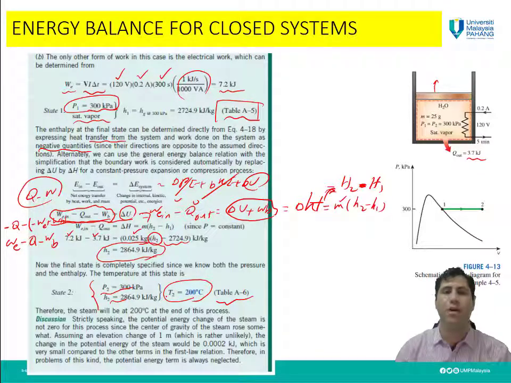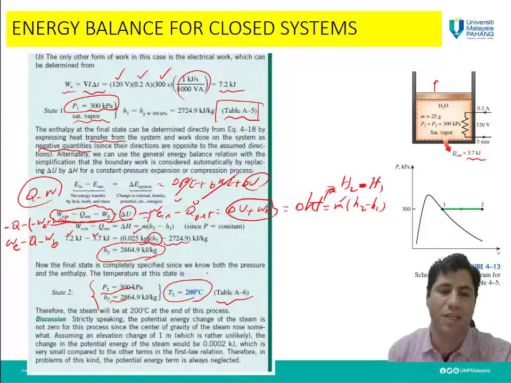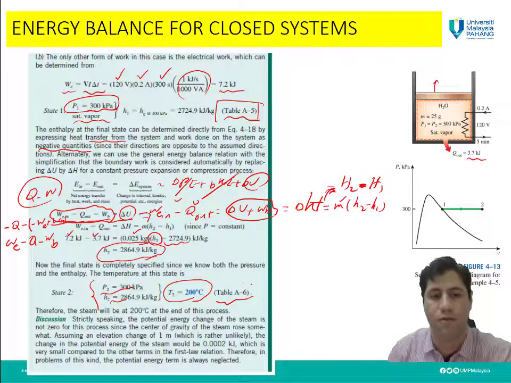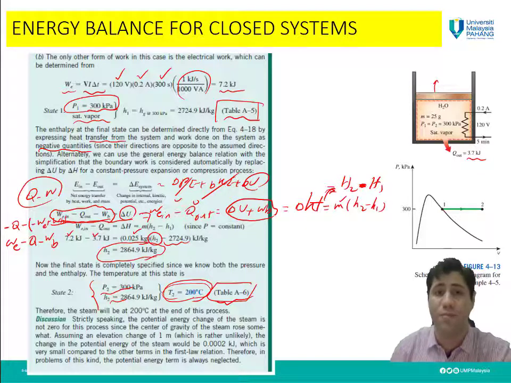Otherwise, we need to use interpolation to find this temperature, which we have already discussed in the previous chapter, how you can do interpolation. I'm not going to go into the details of interpolation or finding this information from the table. Simply, if you go to table A6 for this pressure and this enthalpy, directly or by interpolation, you can find this temperature. So the final temperature of the water vapor here will be 200 degrees Celsius.